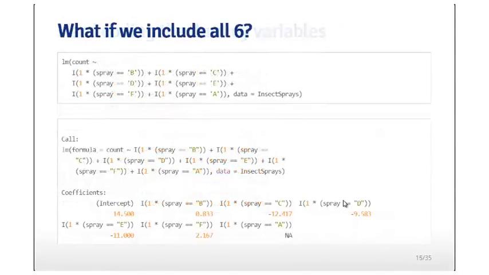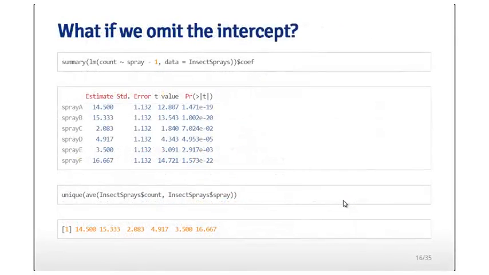These are the medians, but it's close enough that we know. And what I'll tell you, you can check this yourself, and it's maybe a little bit hard to see why it works out exactly this way, but these are exactly the mean. So if you just calculate the mean of the counts in group A, it'll be 14.5. If you calculate the empirical mean of the counts in spray B, it'll be 15.3.